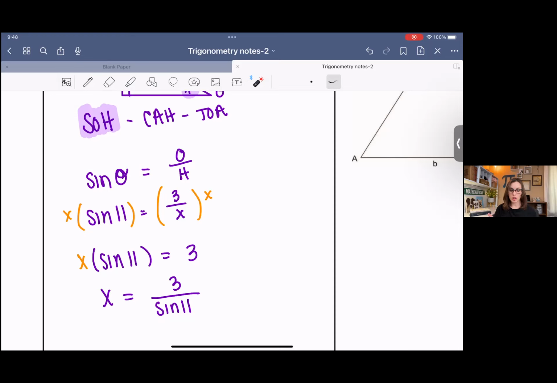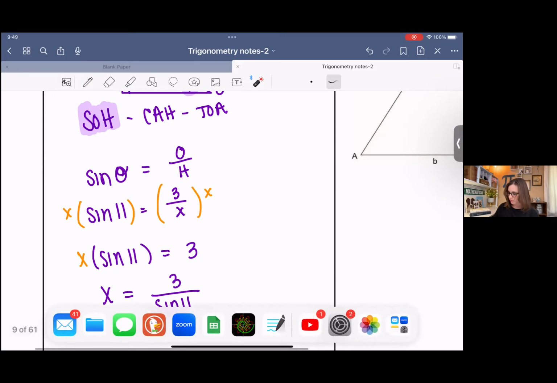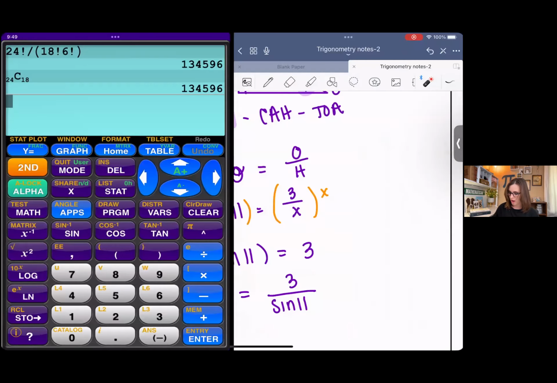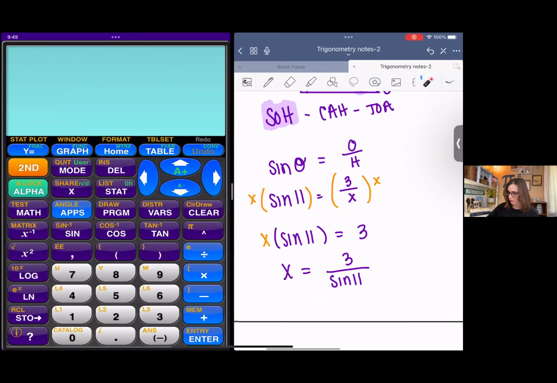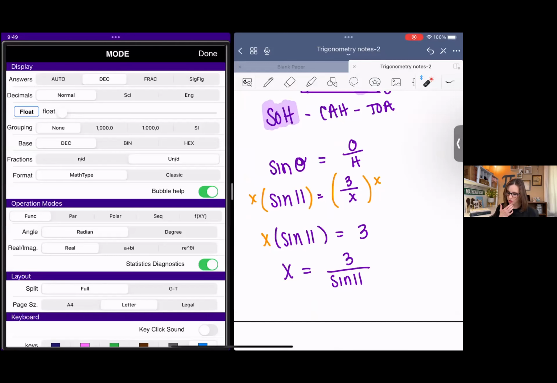Before you type it into your calculator, make sure that you are in degree mode. So it's degree mode because we're talking about degrees, 11 degrees. So I'm going to pull up the calculator here, and I'm going to show you how to do that in a TI-83 or 84. You're going to go to mode, which is at the top. And then you're going to go down to, let's see, where is it?